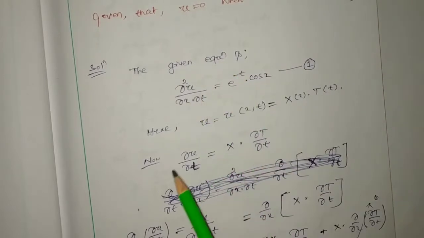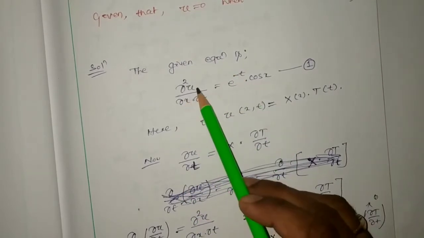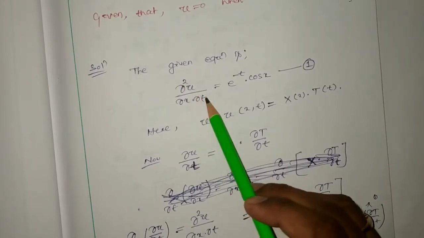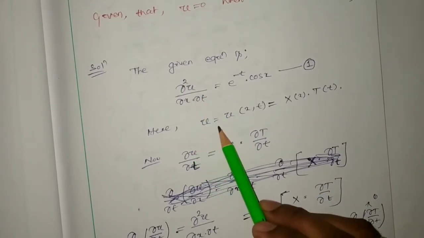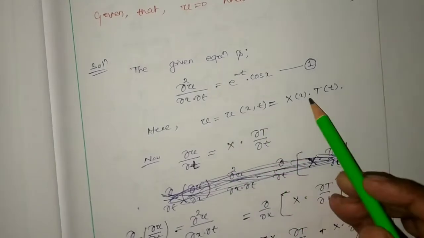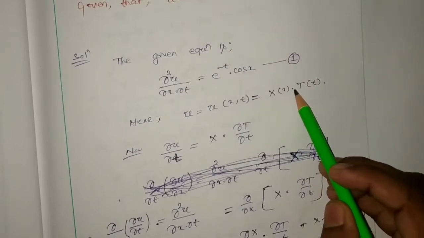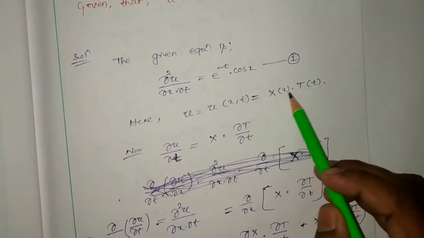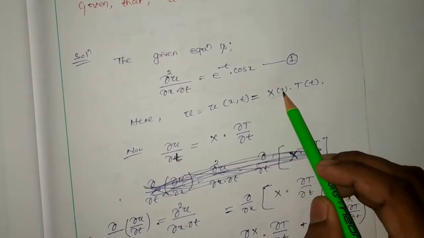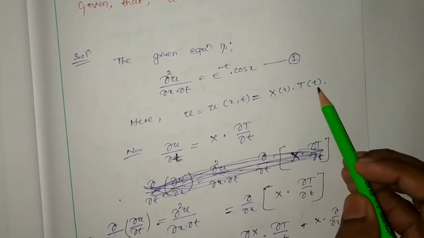From the question itself, it clearly indicates that u is a function of x and t. So the general solution we are going to consider is u, a function of x and t, equal to X into T. Here X is purely a function of only x, and T is a function of only t.